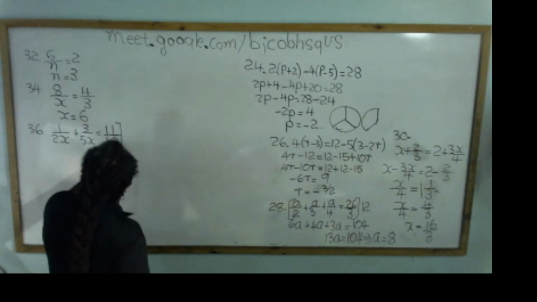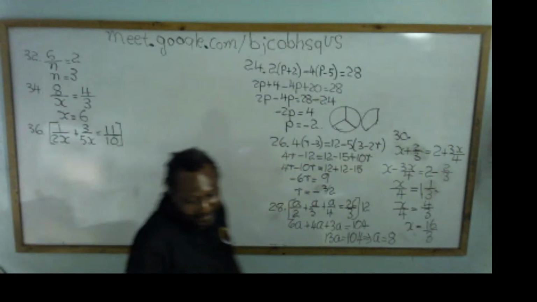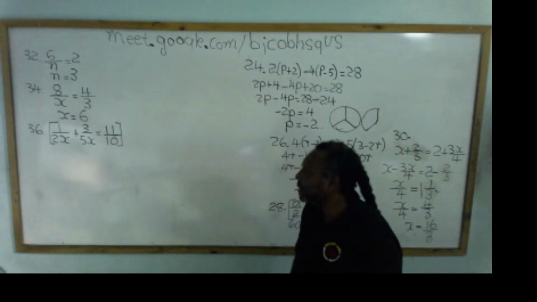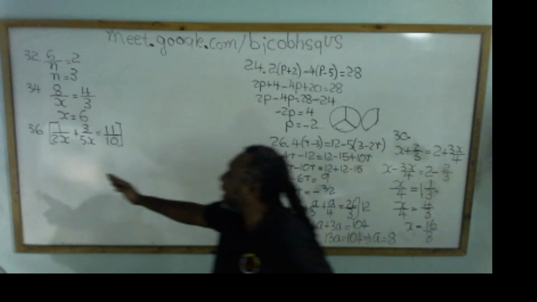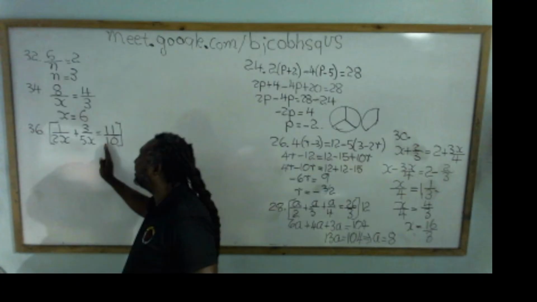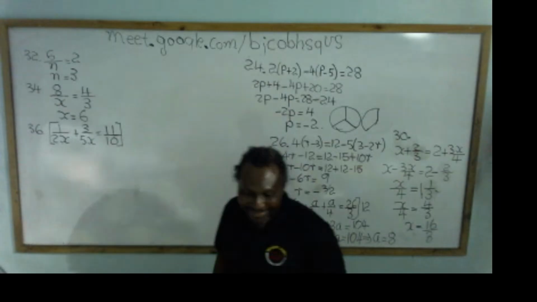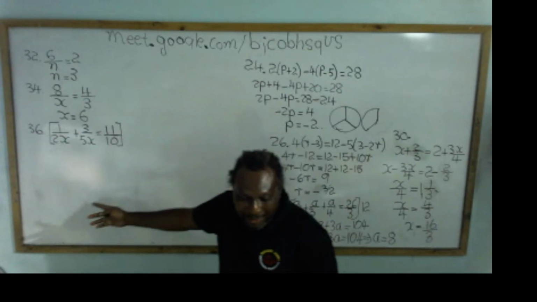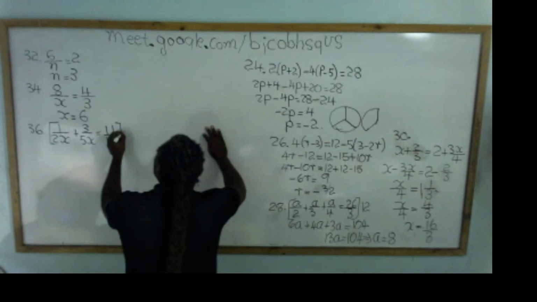What do you think that we should multiply by? We need to multiply by something that will eliminate the 2, the 5, and the 10. And we need to multiply by something that will eliminate the x also. The person who wrote 2 there could not be serious. 10x. That person who wrote 10x is serious.